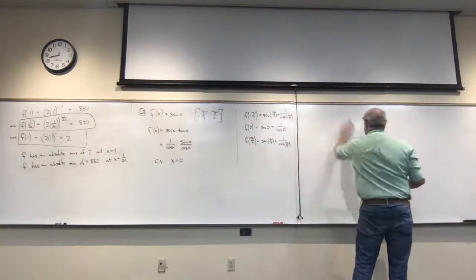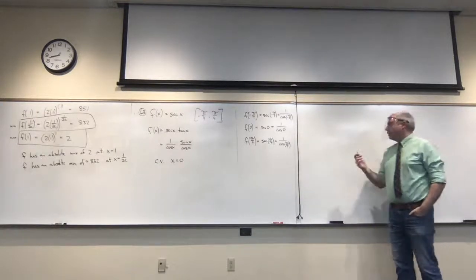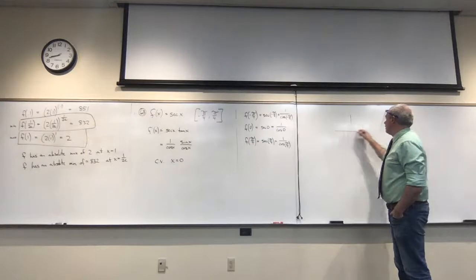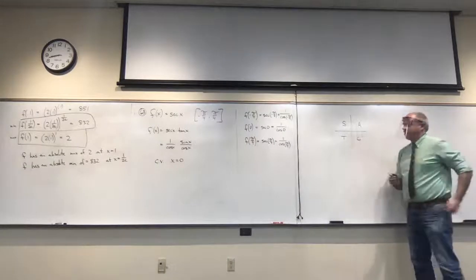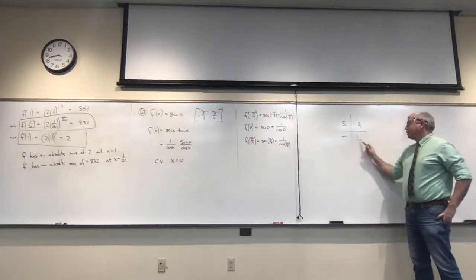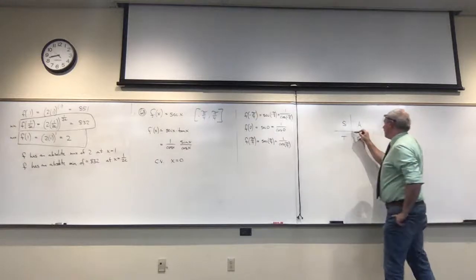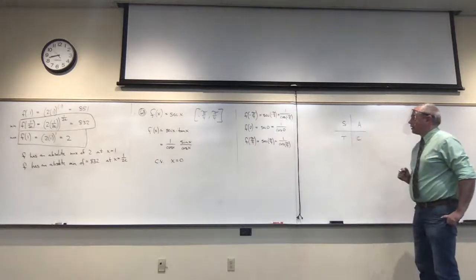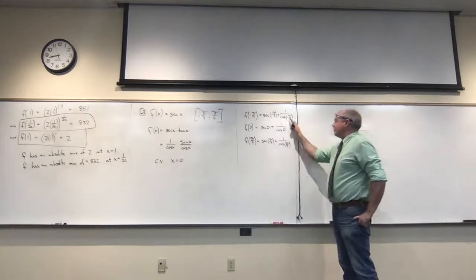So what is cosine of negative pi over 4? Remember our little A smart trig class. This is where the trig functions are positive. Cosine is positive in the 4th quadrant. So cosine of negative pi over 4, which is this angle, is positive. And what is its value?